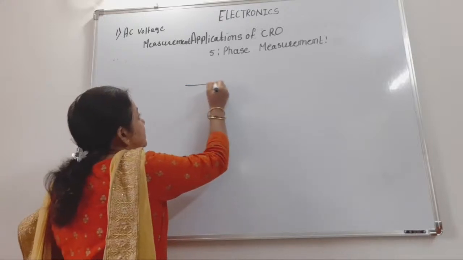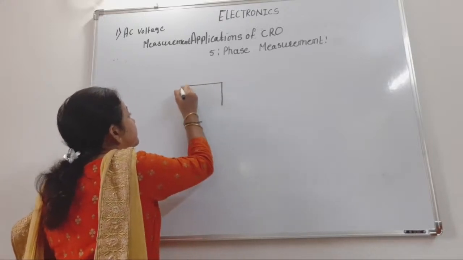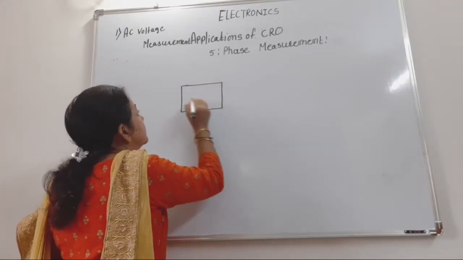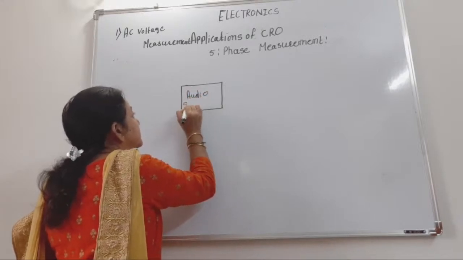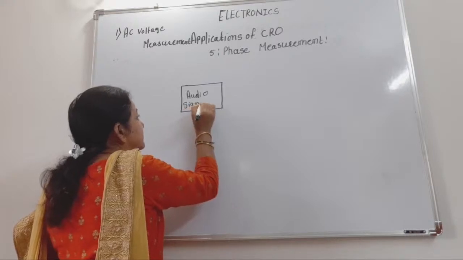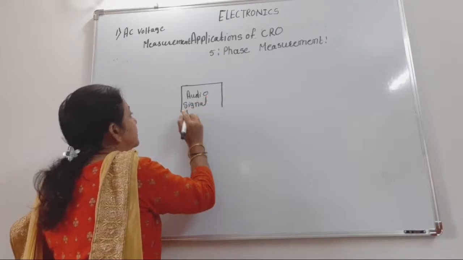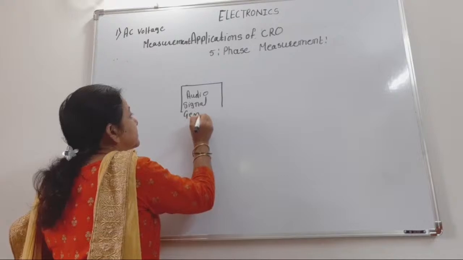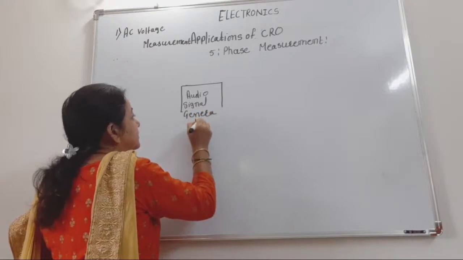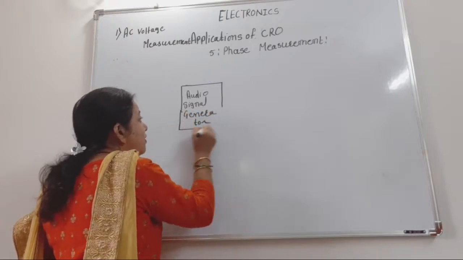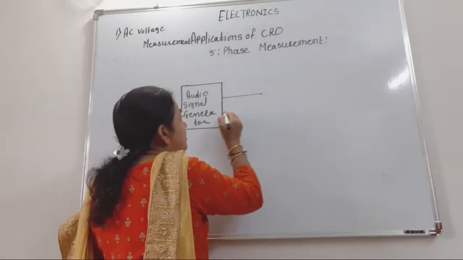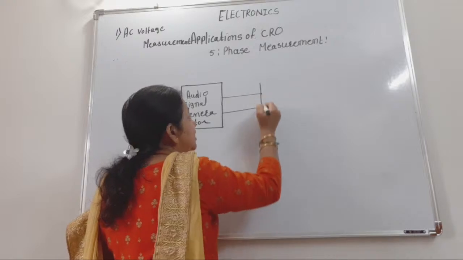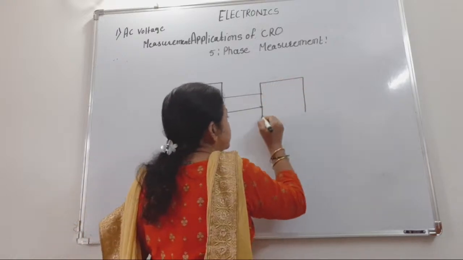Audio signal generator here, the block of audio signal generator. The signal is provided from that audio signal generator to CRO, cathode ray oscilloscope.